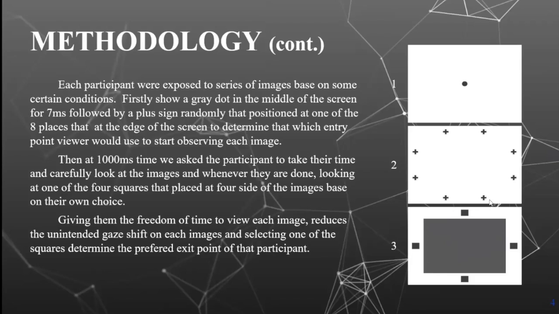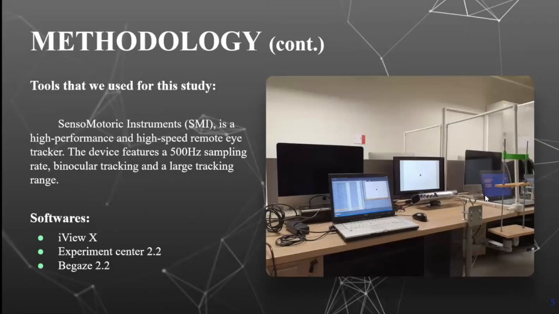So this reduces the unintended gaze shift while we were testing. And as we mentioned before, the pictures were converted to black and white to reduce color distraction as an element to be evaluated in this test. The tool that we used in this study is a SensoMotoric Instruments SMI, which is a high performance, high-end remote eye tracking system.